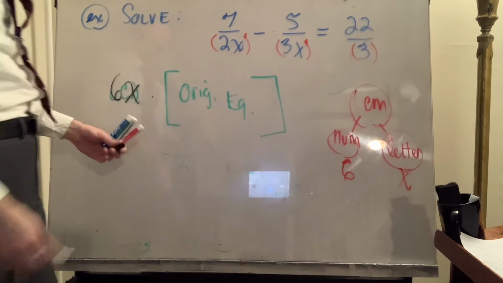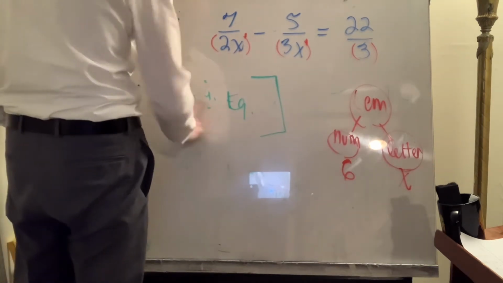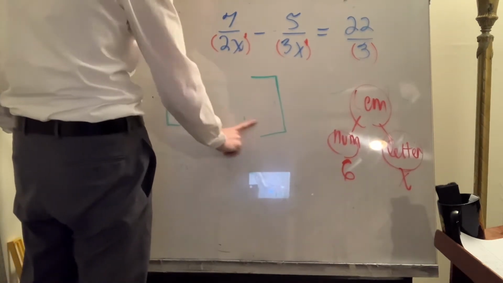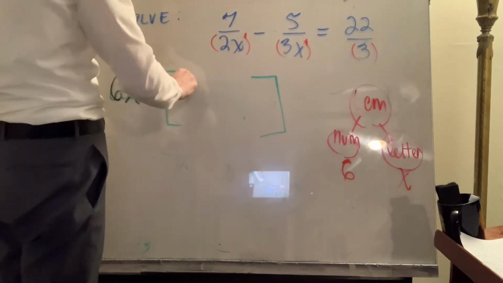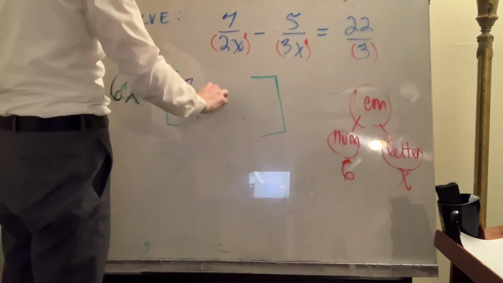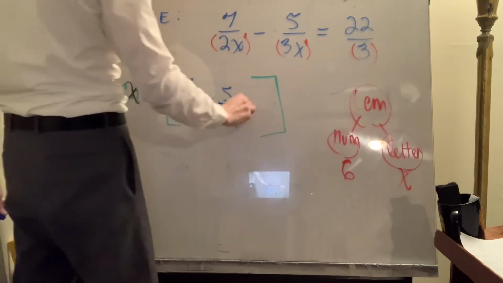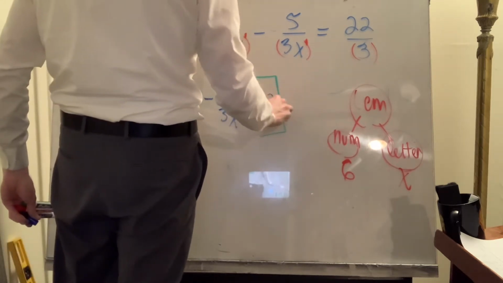The original expression is what's still there: 7 over 2x, minus 5 over 3x is equal to 22 over 3.